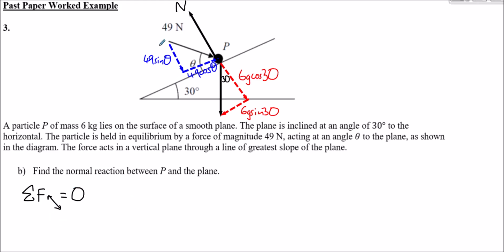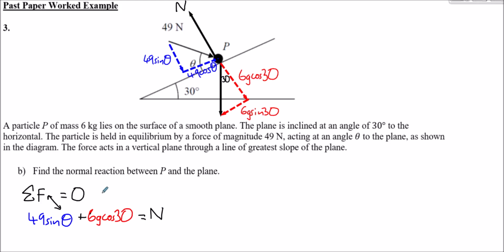So based off this, for forces going downwards perpendicularly to the slope, we've got 49 sine theta and we've also got 6g cos 30. That's going to be what will balance against n.